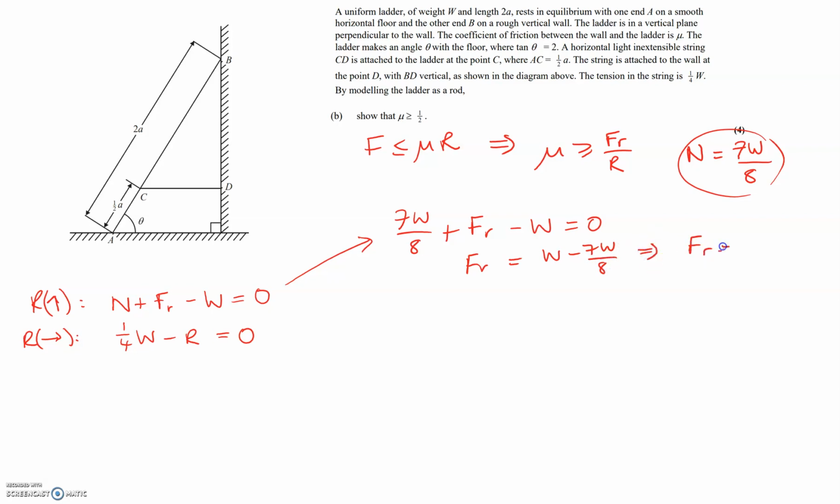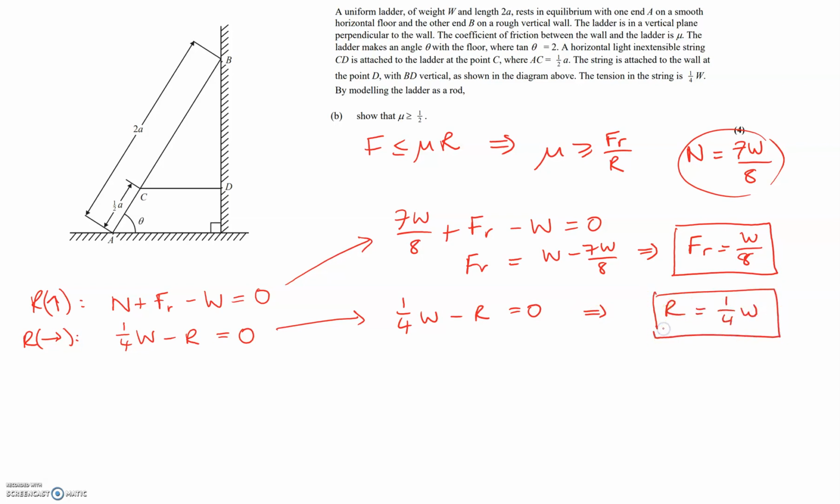So the friction is W over 8. So that's going to be useful. Now we'll use the second one. Quarter W minus R equals 0 tells us that R equals 1/4 W. That one's easy. Now we just got to put them all together.